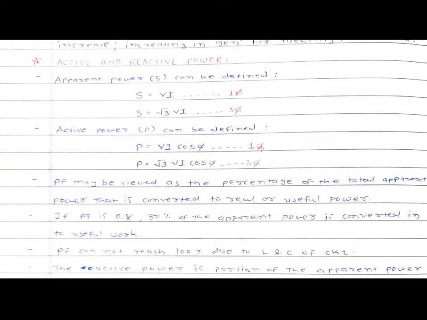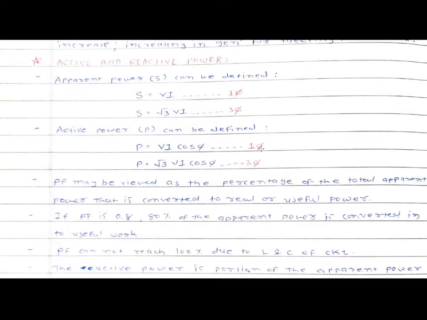So power factor may be viewed as the percentage of the total apparent power that is converted to real or useful power. So if the power factor is 0.8, it means 80% of the apparent power S is converted to useful work.